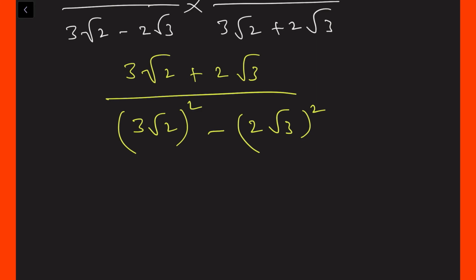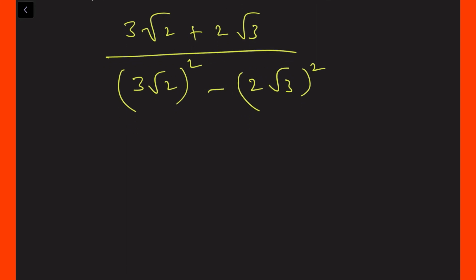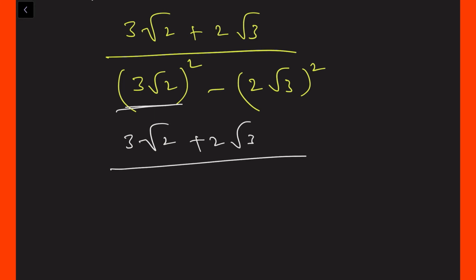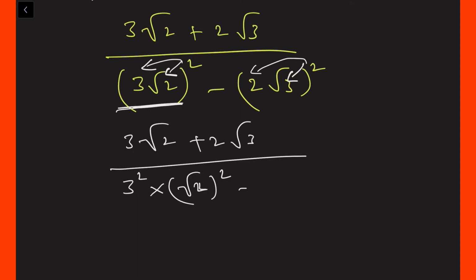We cannot simplify the numerator, so write the numerator as it is. 3 root 2 plus 2 root 3 whole divided by 3 root 2 whole square. It means this square is for first number as well as for second number also. So 3 square into root 2 square minus 2 square into root 3 square.